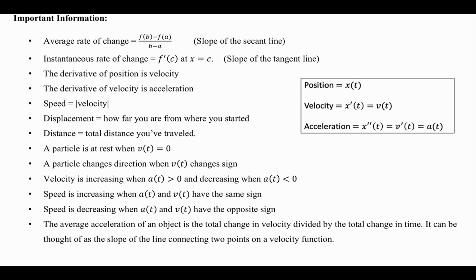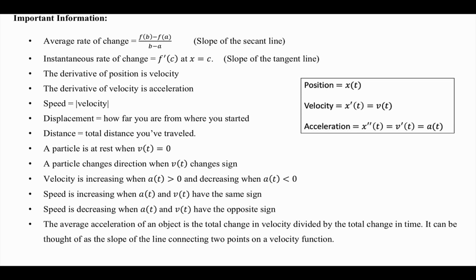Speed. Speed and velocity are the same thing if they're positive. When you're in your car and you look at your speedometer and it says 40 miles an hour, that's what we call speed.